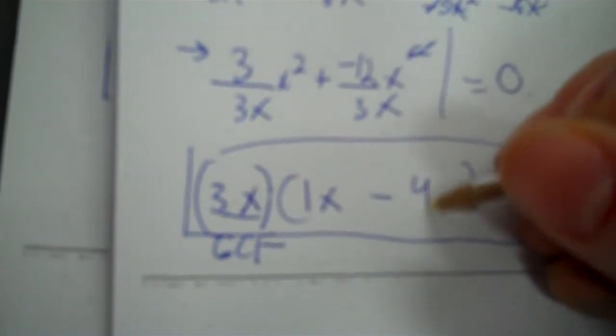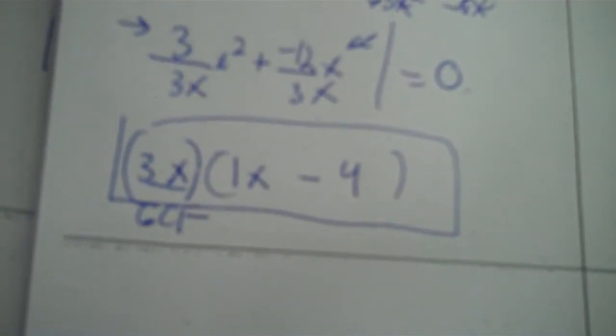So we got two terms, it's a binomial, we have an x there. Negative in front, no. 3 and 12, both in 3's row. So 3x is the GCF. So that's 1. By now we should probably know that's x, and then negative 4, and then that's a wipeout.